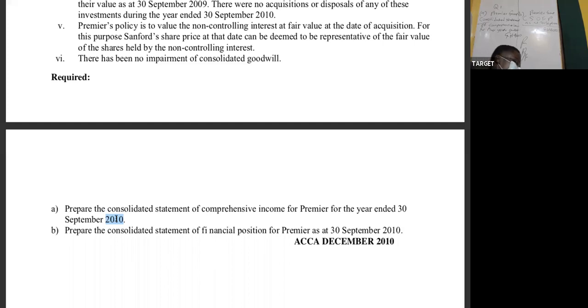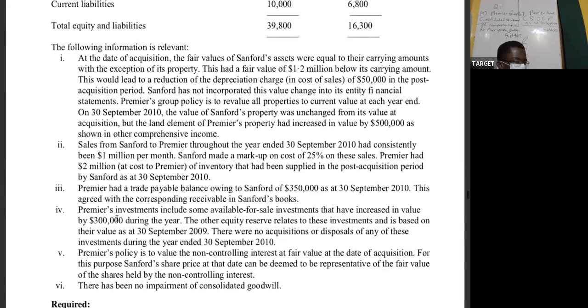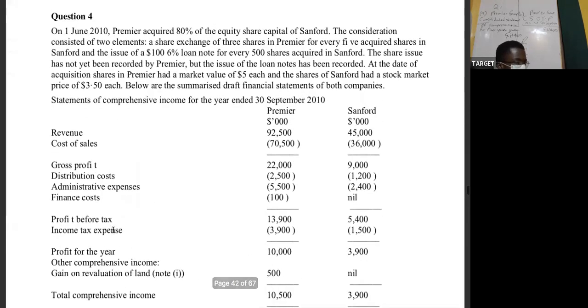The year should start the next day after the previous year's end. After 30th September, the next day will be 1st October of the previous year, 2009. That's a full year: from 1st October 2009 up to 30th September 2010. Any date the examiner quotes, relate it and see.